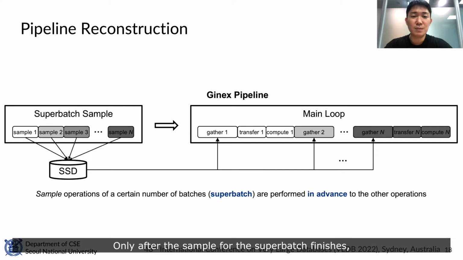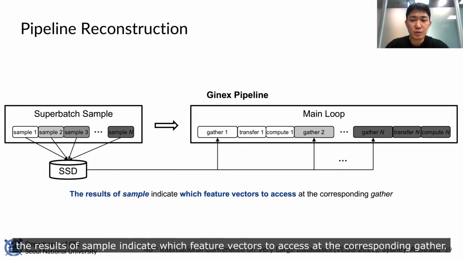Only after the sample for the superbatch finishes, Ginex enters main loop where the remaining operations like gather, transfer, compute are performed iteratively. The reason for such a pipeline is that the result of sample indicates which feature vectors to access at the corresponding gather.